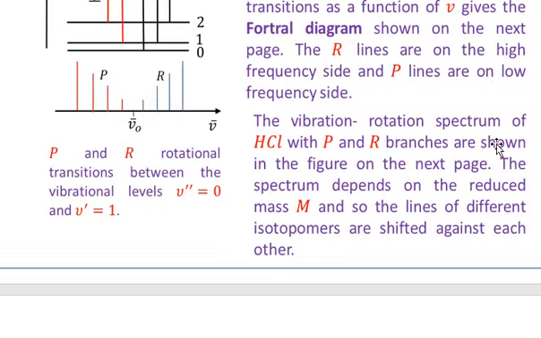The vibrational rotational spectrum of hydrogen chloride, HCl, with P and R branches is shown in the figure on the next page. The spectrum depends on the reduced mass M, and so the lines of different isotopomers are shifted against each other. So let me show you.